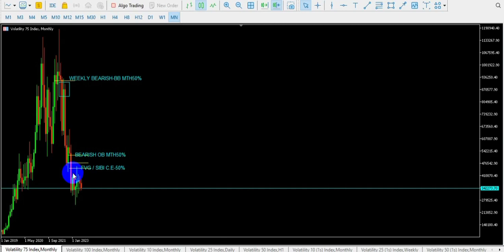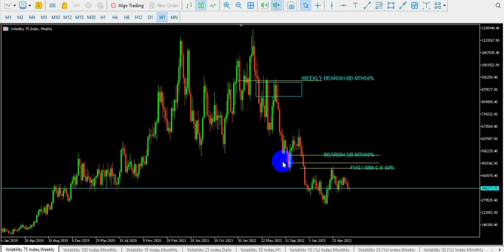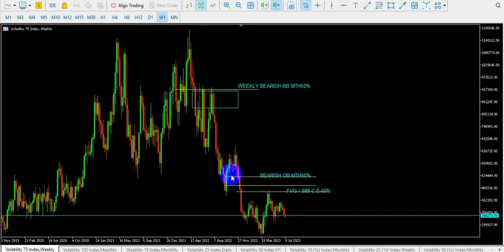I said that whenever you see gaps that don't fill completely like these gaps, let me go to the weekly time frame so you can see all these fair value gaps. This fair value gap here was closed.